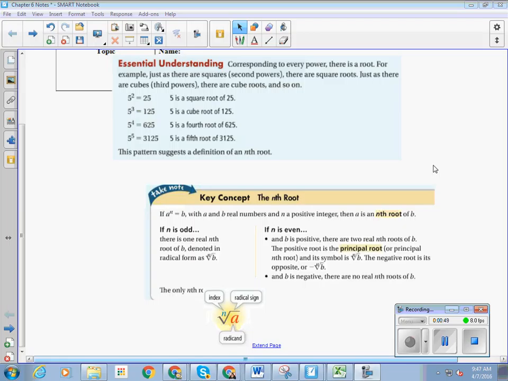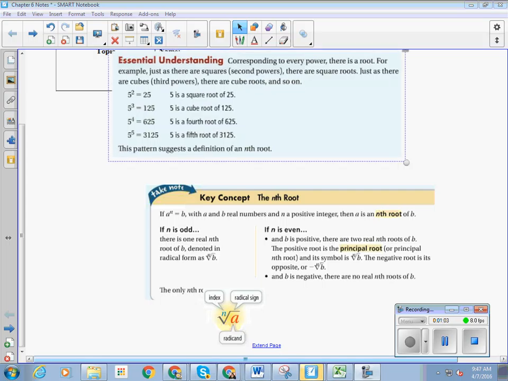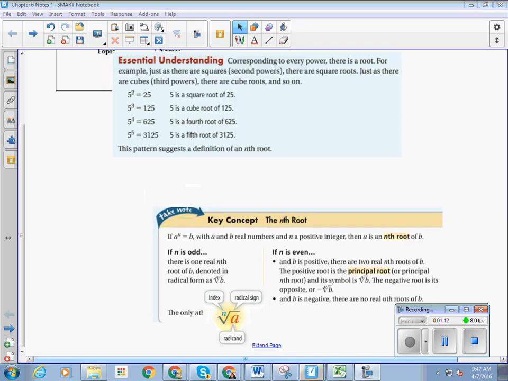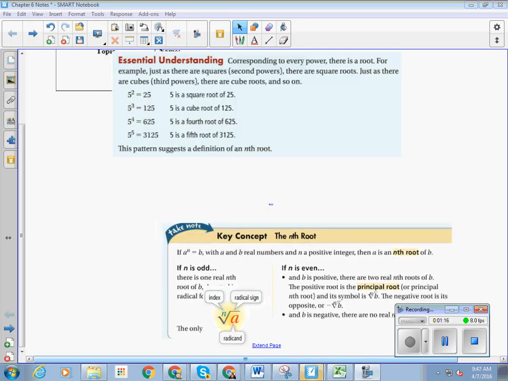So if a to the n power is equal to b, with a and b being real numbers, n is a positive integer, then a is an nth root of b.